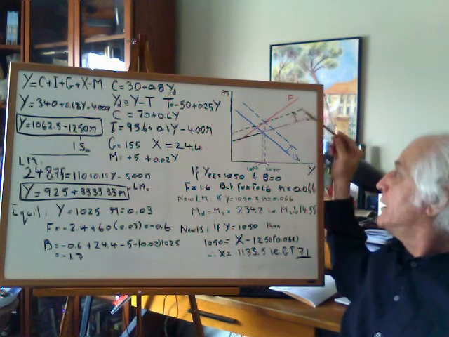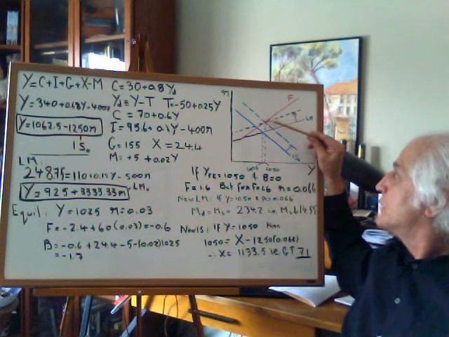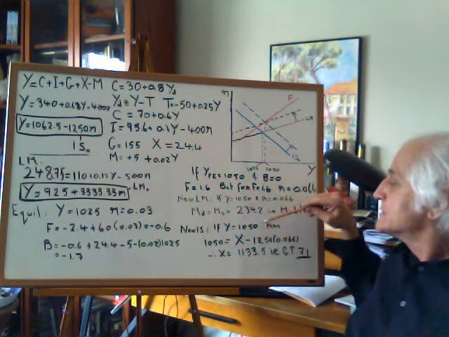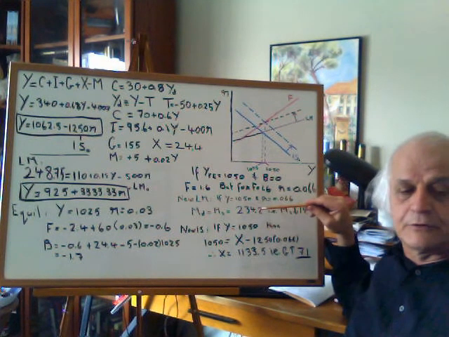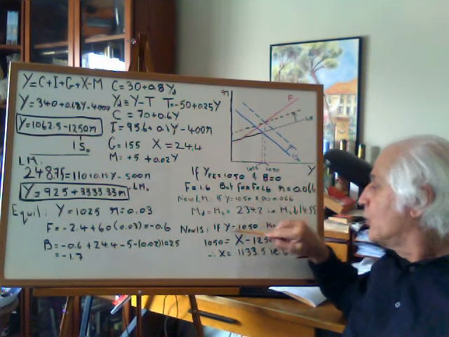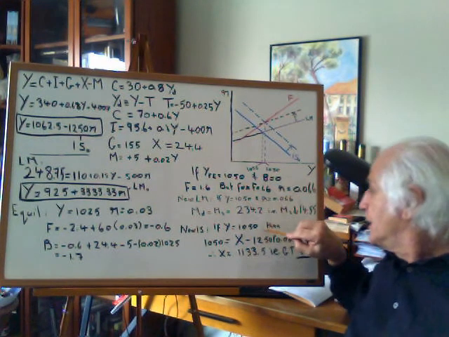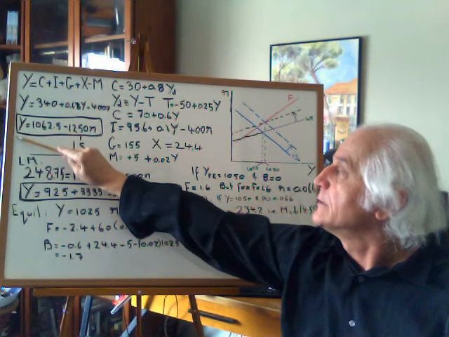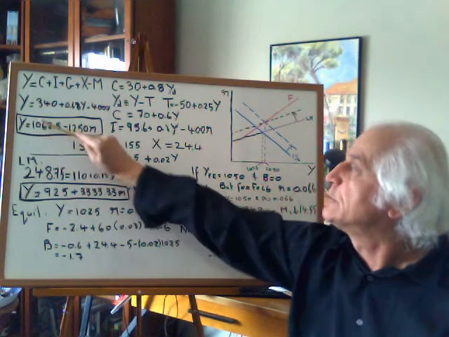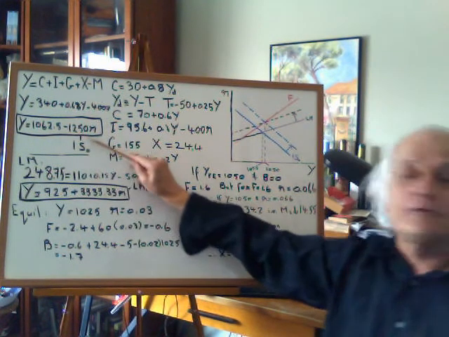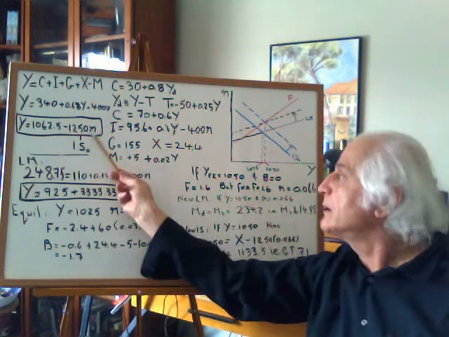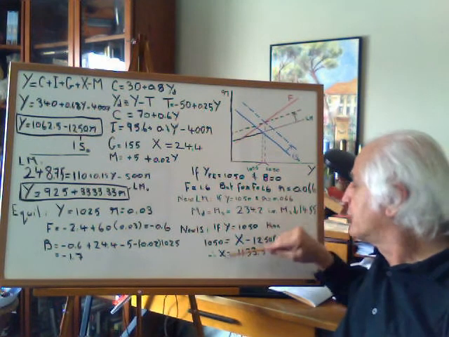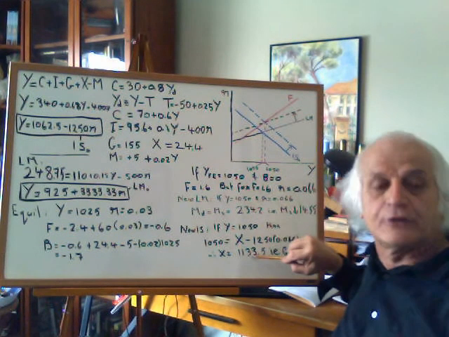Notice, LM has shifted upward by that sum of money, right? So right now, what do I have? I have this, so I've got to find out the new IS. The new IS, again, is relatively simple right now, because I know Y is 1050, so I will put it here. So 1050 is going to be equal to X - 1250r. What is the r? The r is 0.066, right? So therefore the X is 1133.